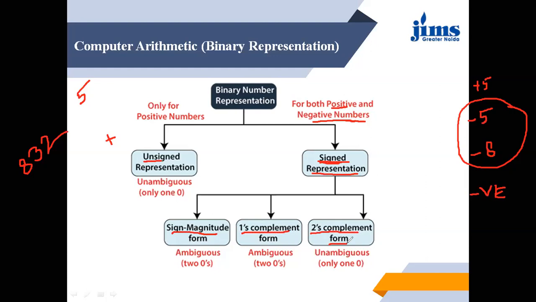When we have to represent a binary negative number, there are three ways to do it. First is sign magnitude form, second is ones complement form, and third is two's complement form.